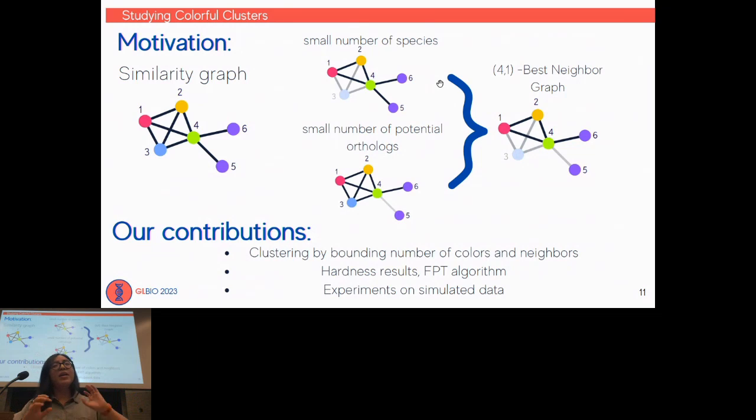So we try to devise an analytical way of combining these two constraints into a parameter, and with the help of a mathematical structure that we call the best neighbor graphs, we study the problem of clustering by bounding the number of colors and neighbors of each color that each gene can have. We also obtain some hardness results and a fixed parameter tractable algorithm, and we illustrate the usefulness of our method by doing experiments on simulated data.